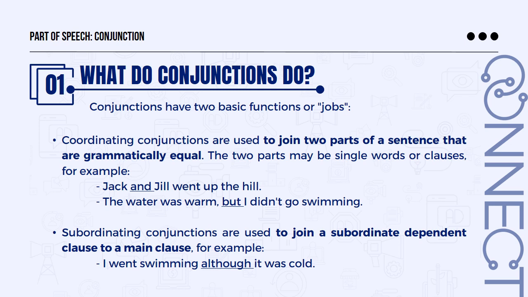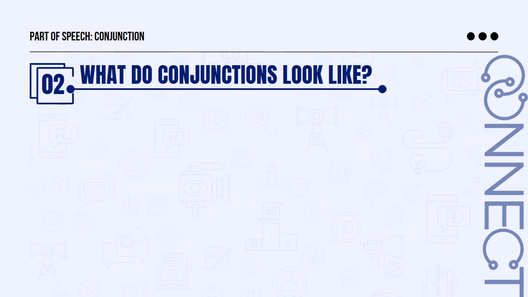You have questions, what is cold? Why is it cold? But then, the main clause is that I went swimming. It has a total complete meaning. I went swimming, although is the conjunction, it was cold. Then, nagkakaroon sila ng panibagong meaning na mas naiintindihan ng tao.